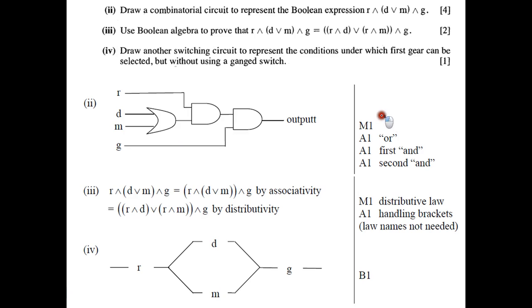M1 again for drawing something that is a Boolean expression with four inputs. So that's important. To get that M, you'd need the four inputs and you need it to be combinatorial. And then there's one mark for the first OR, one mark for the first AND, and one mark for the second AND.